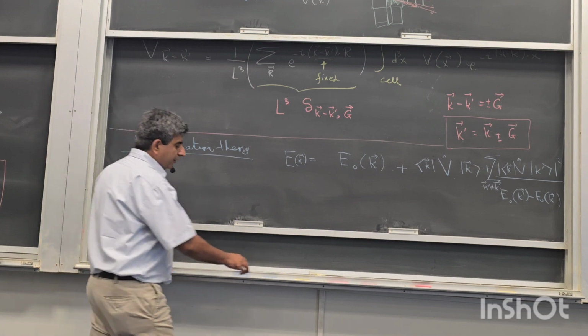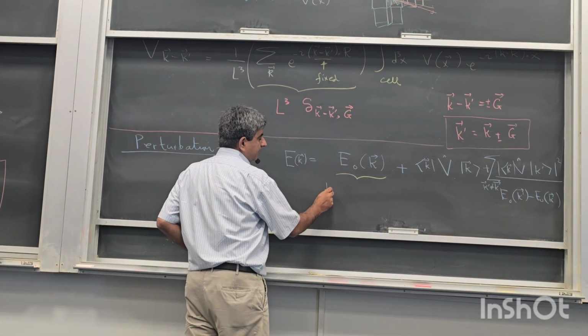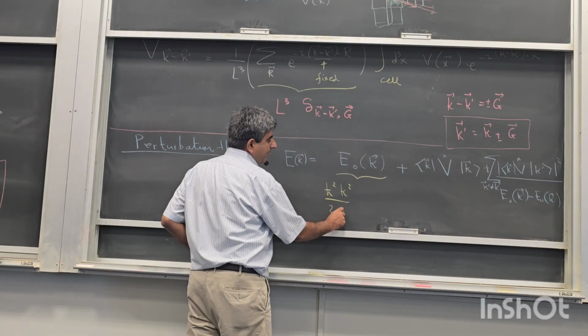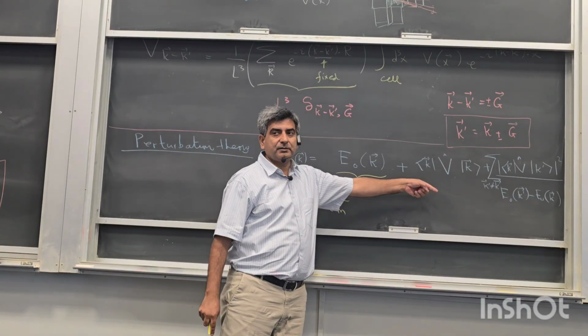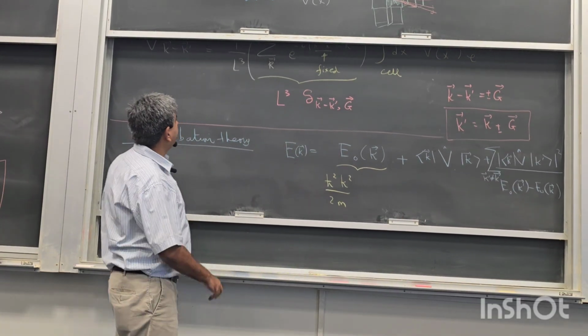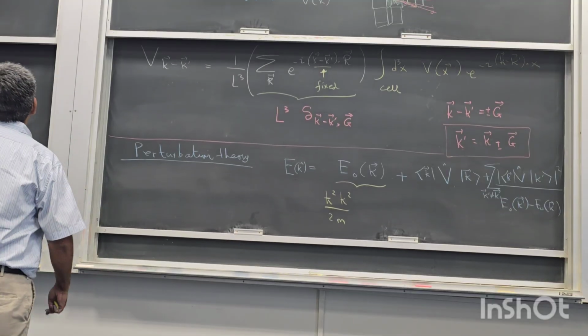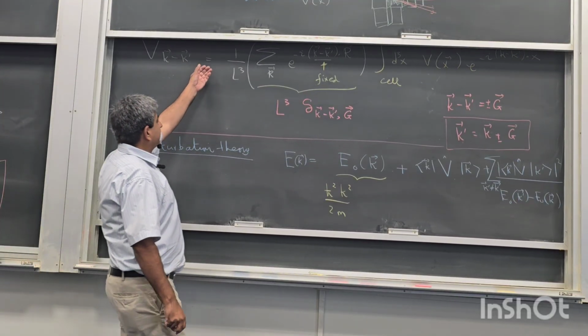So this we already know is h bar square k square over 2m. Now what about this term? If I look at the integral that I've written multiple times, let's look at this integral.